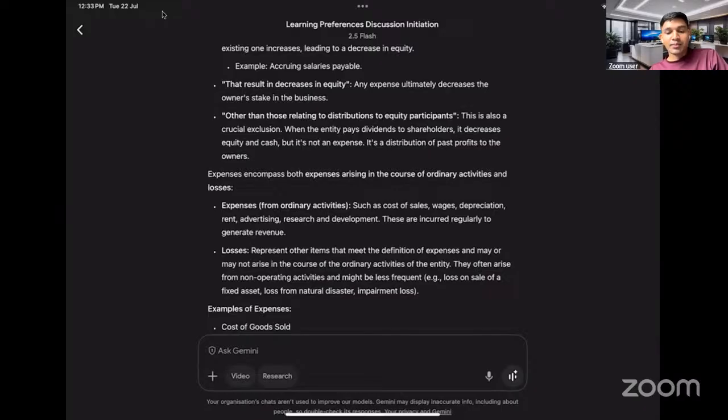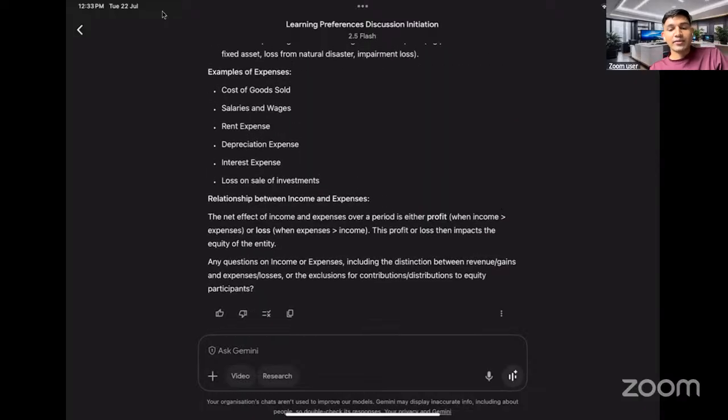They often arise from non-operating activities or might be less frequent. For example, loss on sale of a fixed asset, loss from natural disaster, and impairment loss. Examples of expenses are cost of goods sold, salaries and wages, rent expenses, depreciation expenses, interest expense, loss on sale of investment, etc.